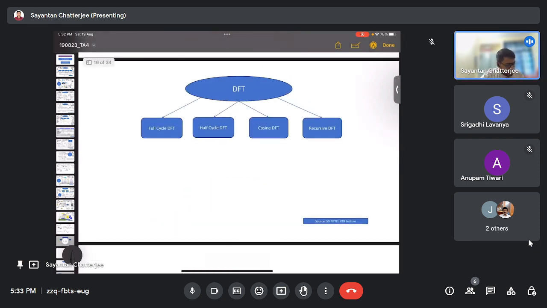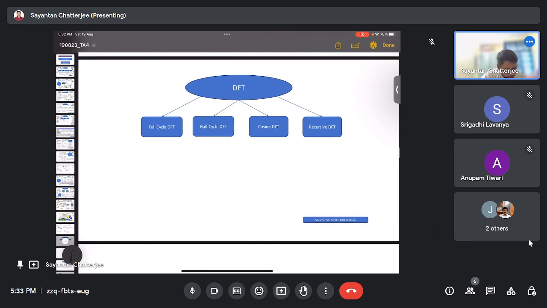So mainly for the DFT part, generally full cycle DFT, half cycle DFT, cosine DFT, and recursive DFT are performed. I think in the videos these are quite clear. Full cycle DFT takes into consideration the full cycle, and each and every time it takes the full cycle information.